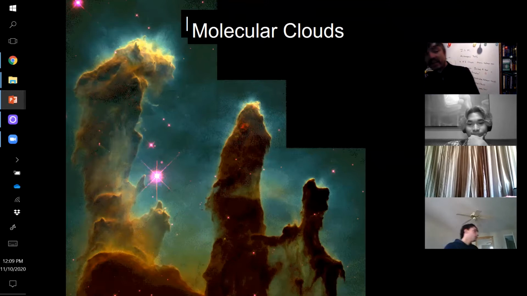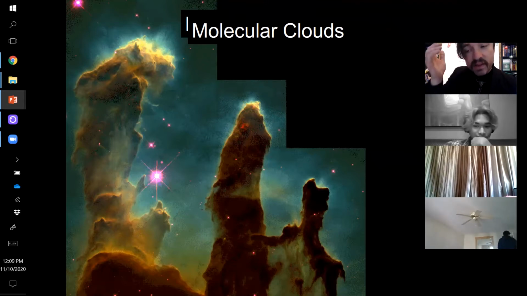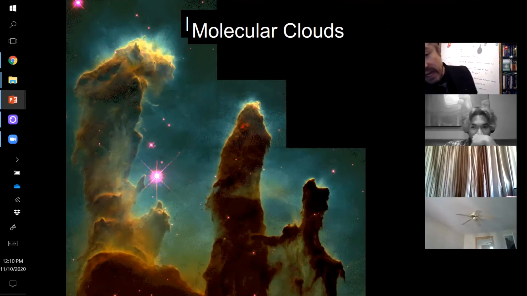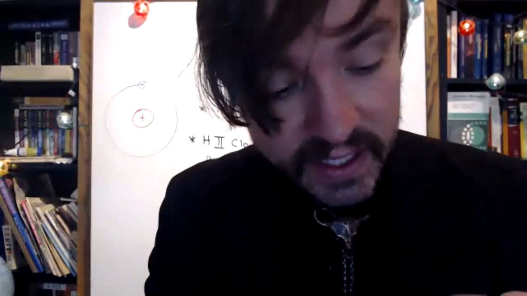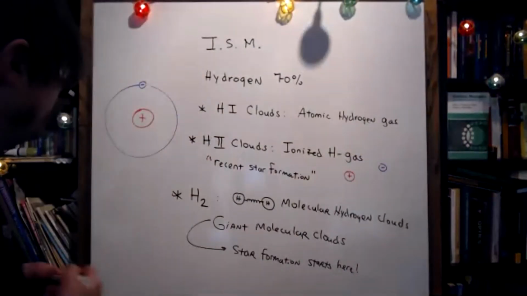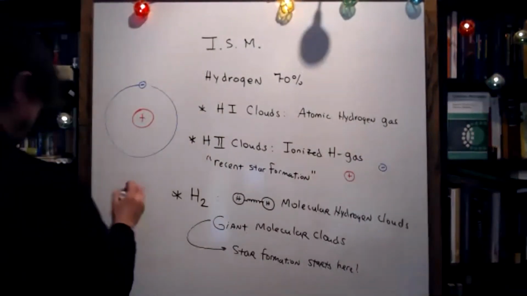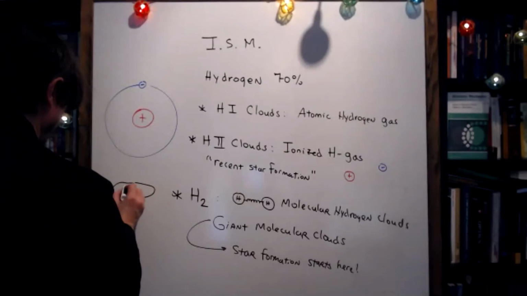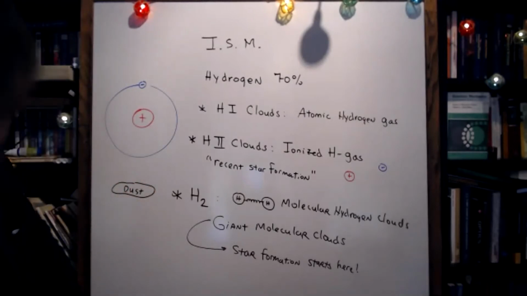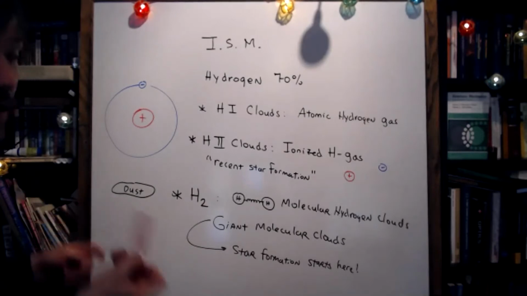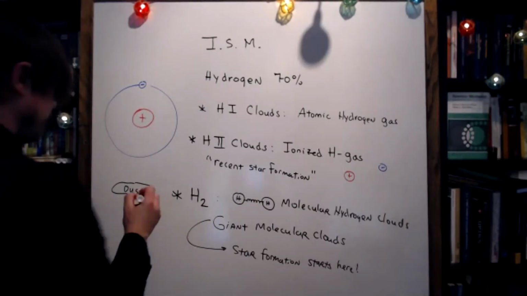Now, the fact that you can see these clouds at all means that there's dust there. And dust is the way that these hydrogen atoms come together. Dust has, how do we call it? Like electrostatic forces, like static cling that things can stick to. So what typically happens is you've got a dust grain floating in space, right? And a hydrogen atom will float along and will stick to the dust.